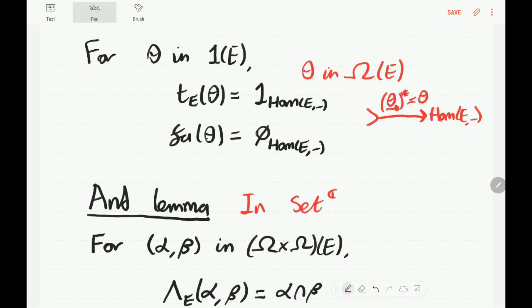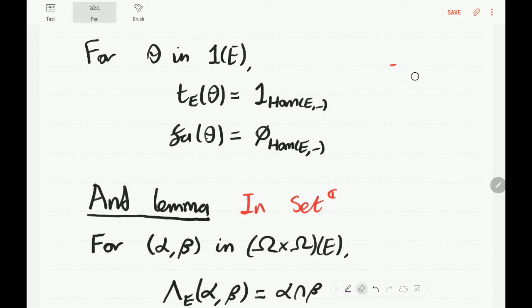And it doesn't really matter in practical terms, but it's worth bearing in mind that really we ought to be thinking that there's some isomorphisms at work. Anyway, the point is that there are some interesting interpretations of these different logical operations in how they play with these elements of omega of E.